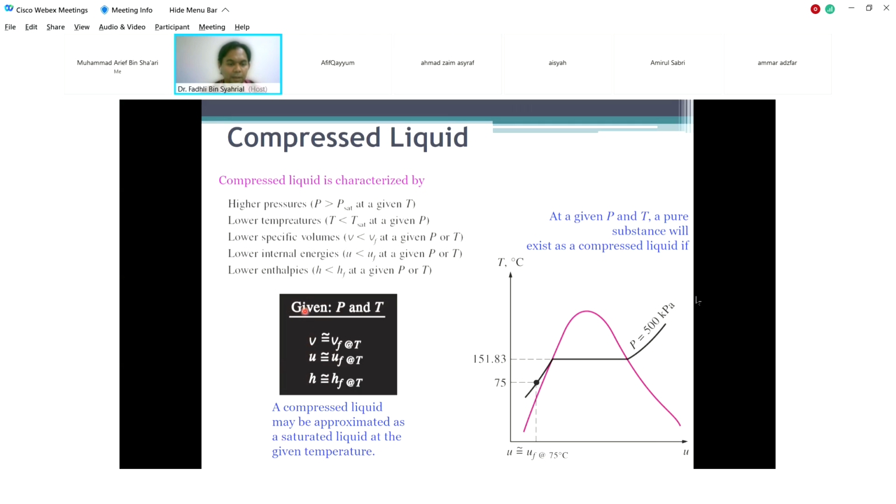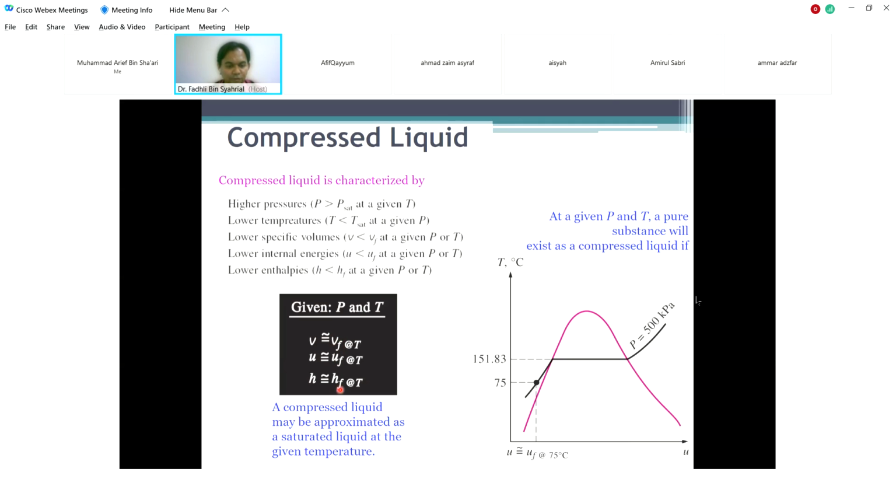For example, at a given P and T, the value of specific volume, internal energy, enthalpy, or even entropy for the compressed liquid can be approximated as Vf at the given temperature, Uf at the given T, and Hf at the given T. So please remember this: a compressed liquid may be approximated as the saturated liquid at the given temperature.